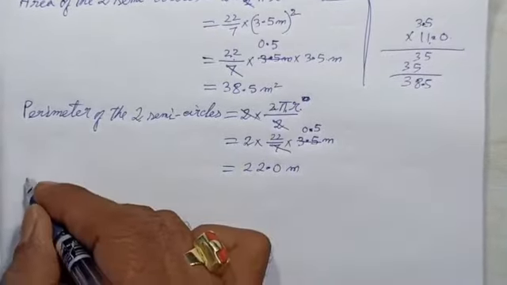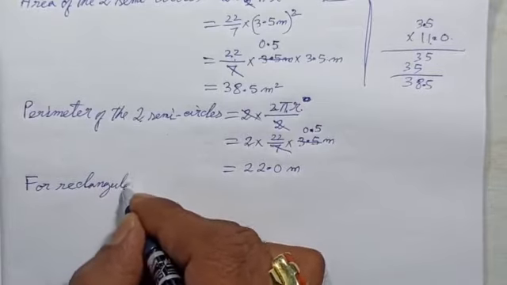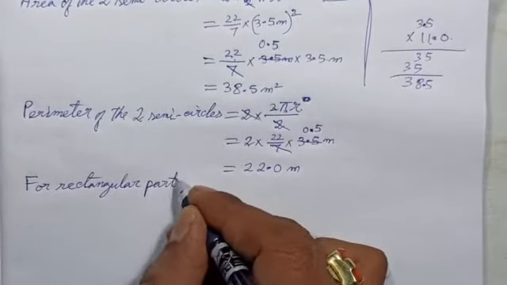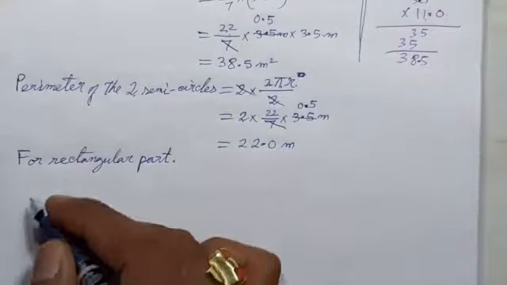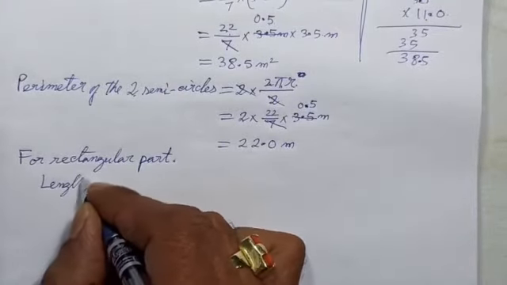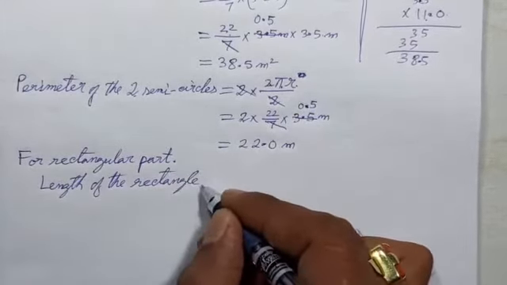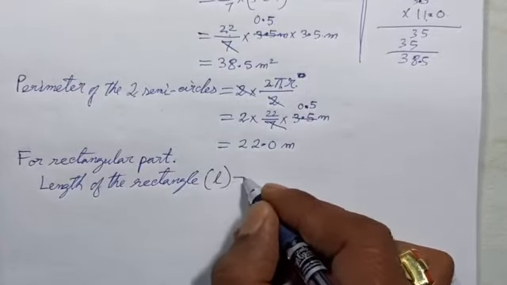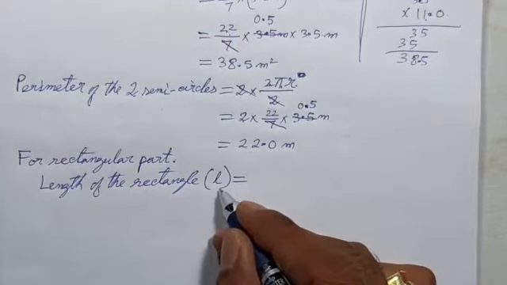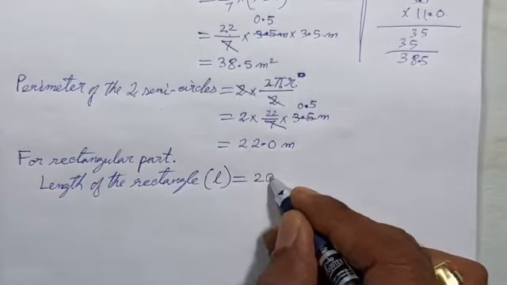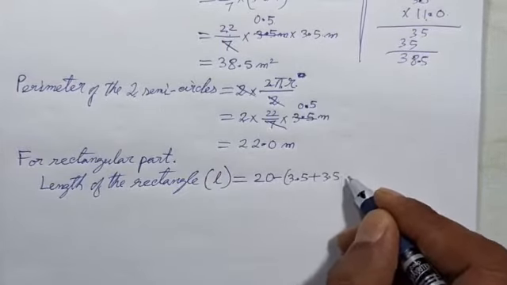Next is for the rectangular part. Length of a rectangle is represented by L. In the question, to find out this length, it is given that 20 minus (3.5 plus 3.5) meter.